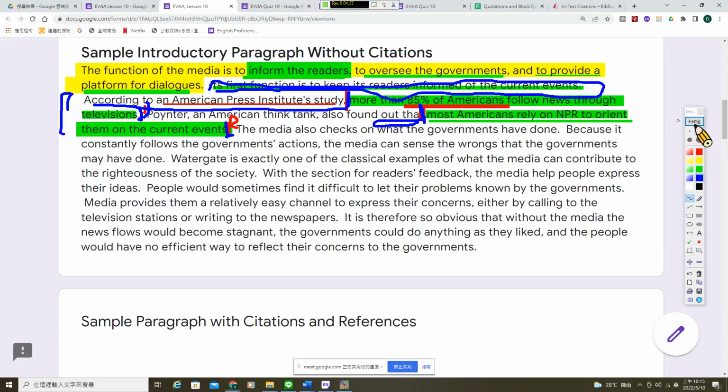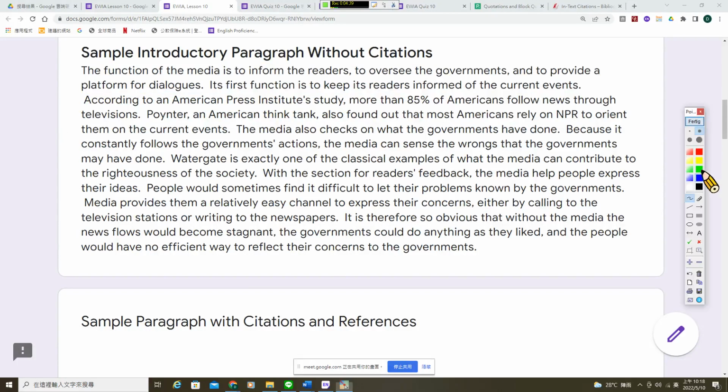And next, the second one is the media also checks on what the governments have done, and this is to extend my argument to oversee the government. So because it constantly follows the government's actions, the media can sense the wrongs that the governments may have done. This is my reasoning used to support this one.